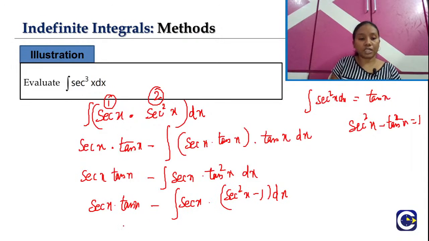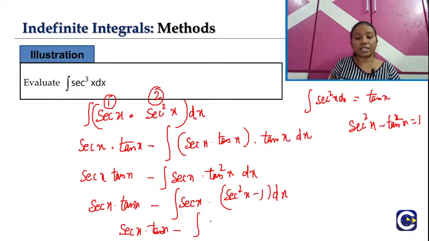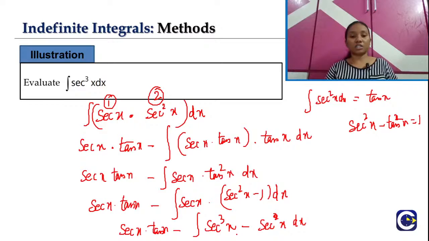So let's simplify this term. It will be secant x into tan x, minus here secant into secant square, it will become secant cube x, and minus secant x dx. So here if you observe, we are having again the same question term here. Right.